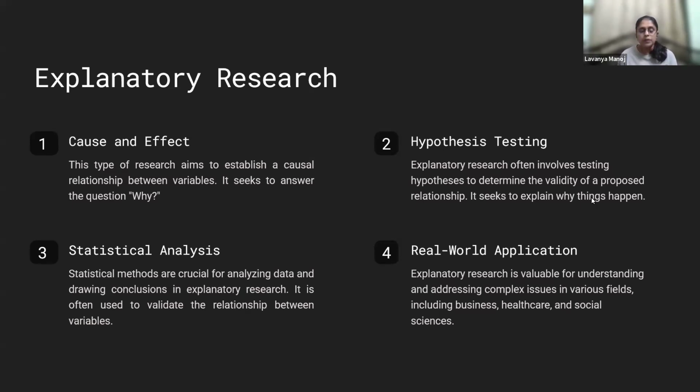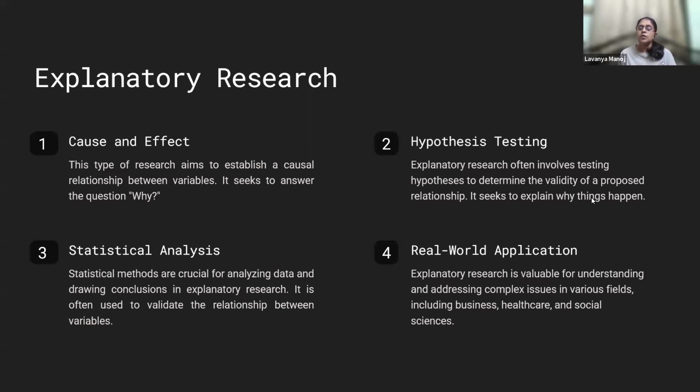Statistical methods are crucial for analyzing data because explanatory research comes under quantitative research. So statistical data has to be collected and statistical methods have to be applied. Drawing conclusions in explanatory research, it is often used to validate the relationship between the variables.